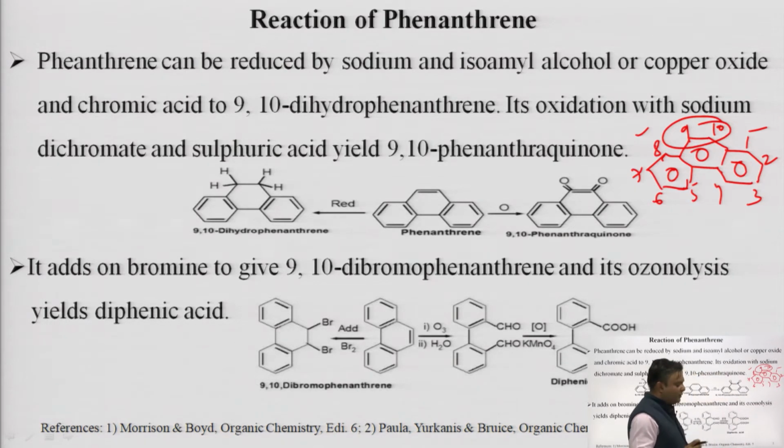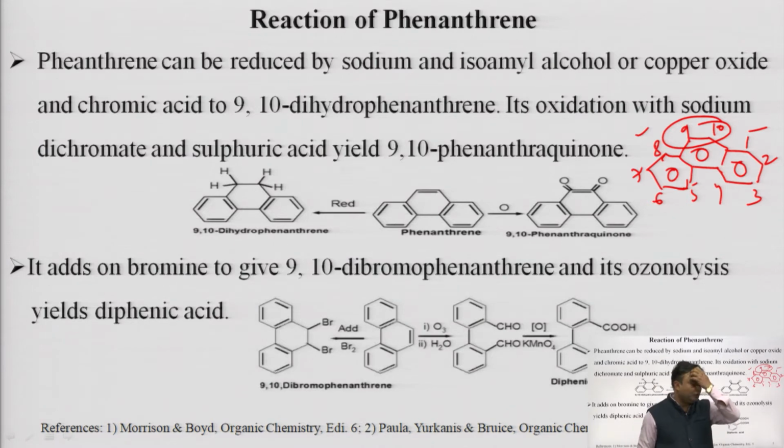If we are talking about electrophilic substitution reaction, phenanthrene has an electron cloud above and below the plane, and it is a planar molecule. Because of that electron cloud, the most suitable reaction phenanthrene can undergo is electrophilic substitution.